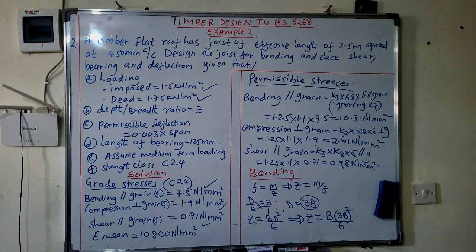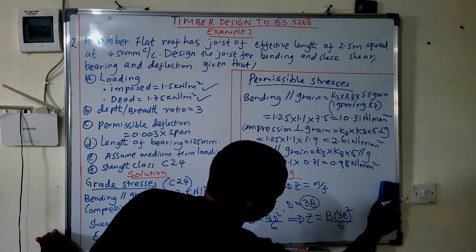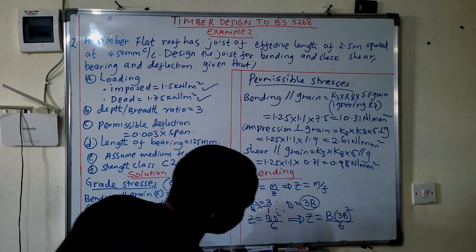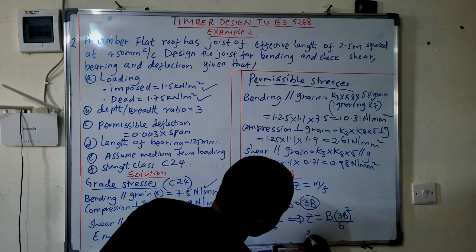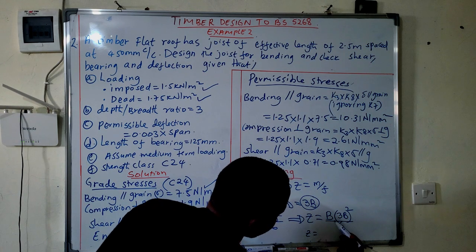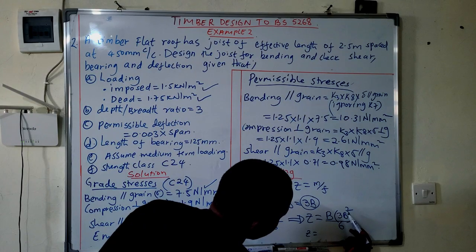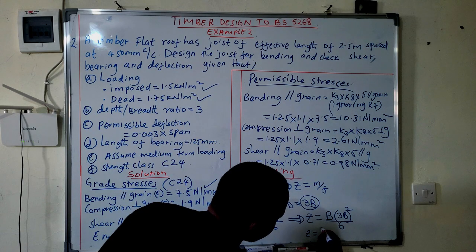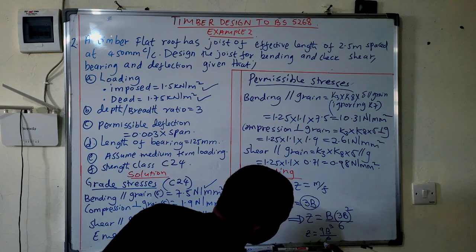Open the bracket. If you open the bracket, you'll have Z is equal to 3 square is 9. B square is B square times B, which is B cubed. So we'll have 9B cubed over 6.